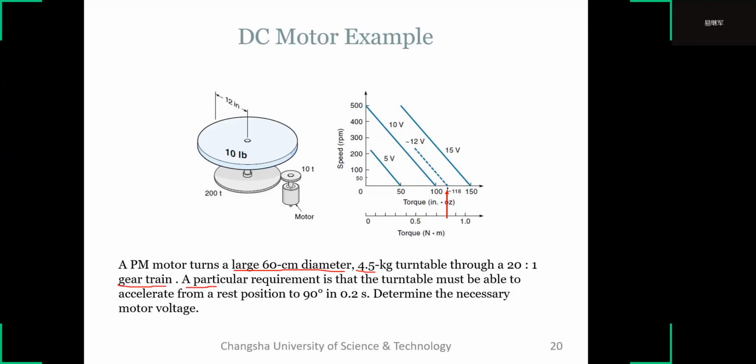A particular requirement is that the turntable must be able to accelerate from a rest position to 90 degrees per second in 0.2 second. Determine the necessary motor voltage.